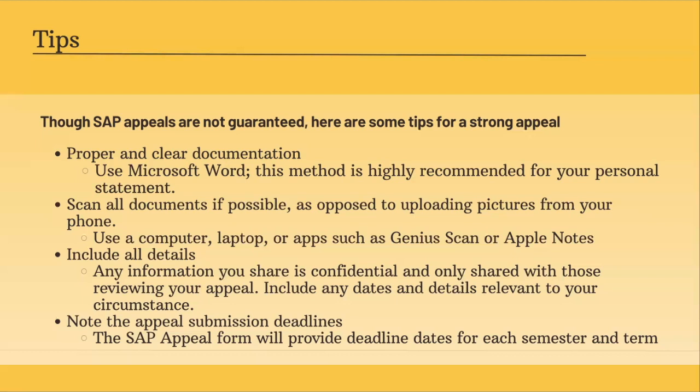Make sure that you present that. All right. Note the appeal submission deadlines. The SAP appeal forms will provide deadline dates for each semester in terms. So if you look at the form with you and your counselor, you'll see those dates highlighted at the bottom of the appeal. Okay, next.